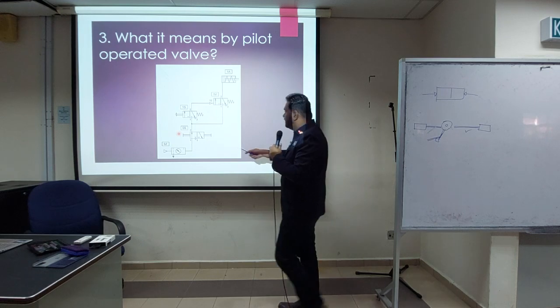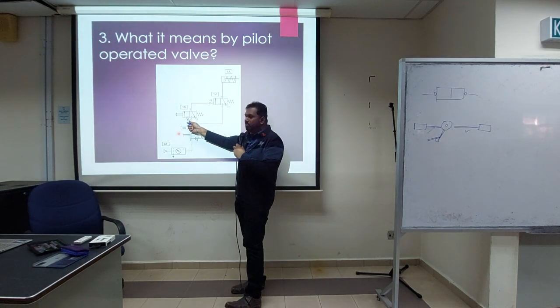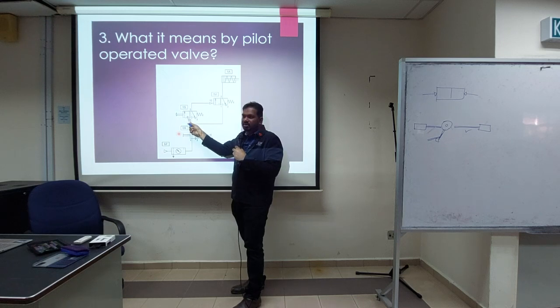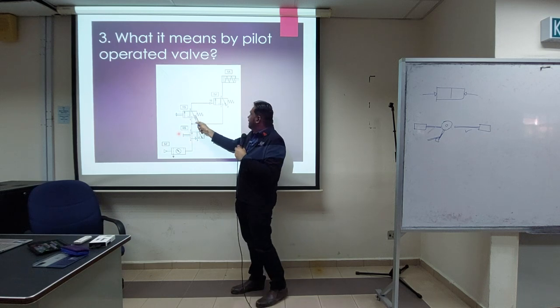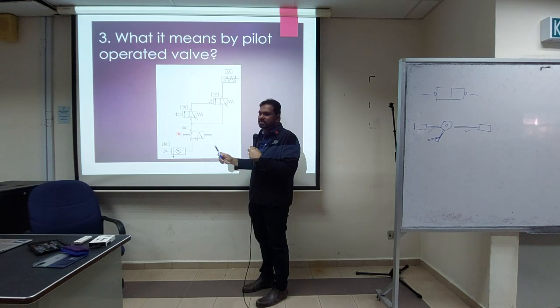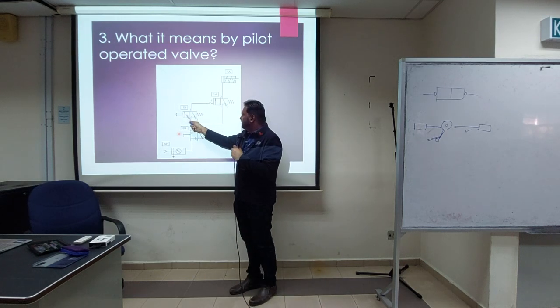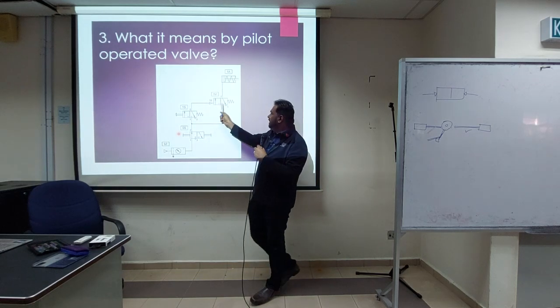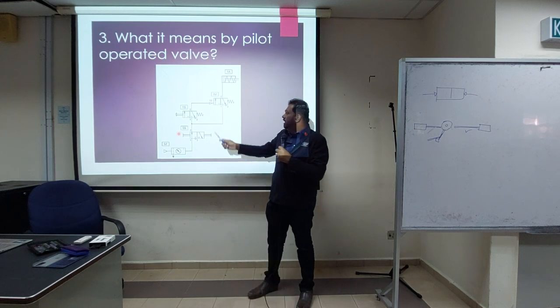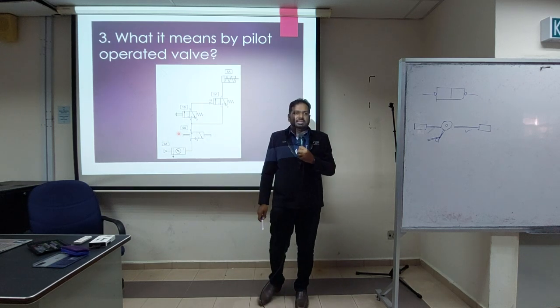So normally kalau dekat sini, valve ni controlled by what is used to control this valve? Push button. So you tekan push button, so manual lah. So manually control. So this is not pilot operated. Tapi yang ni pilot operated. Sebab you press this push button, compressed air akan masuk, dan dia yang akan control this valve. So if a valve is controlled by compressed air, yang itu kita panggil as pilot operated.